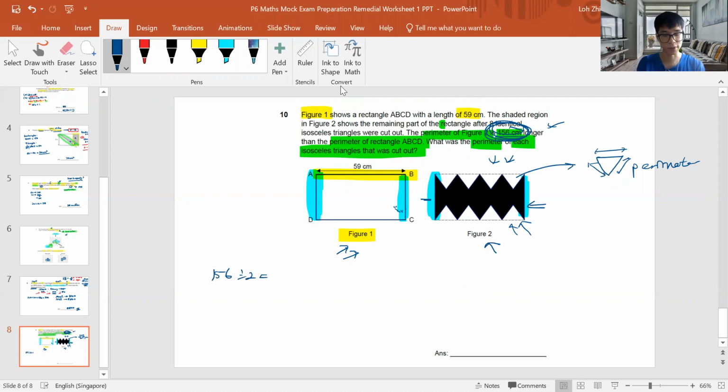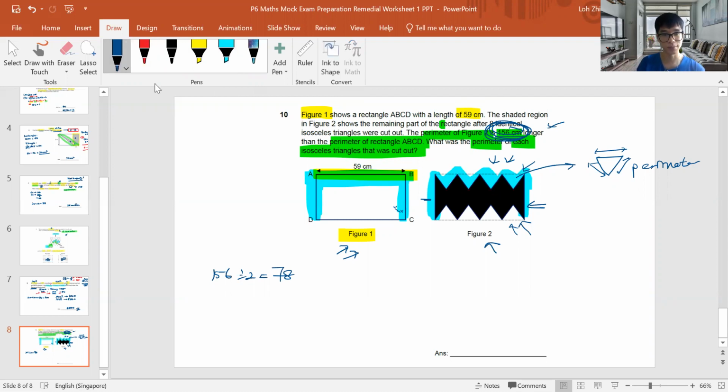Let me try the calculator, divided by 2, and that's equal to 78. This means that if I take this zigzag part and minus this part, it will give me 78. Now I want to find the length of this zigzag part.